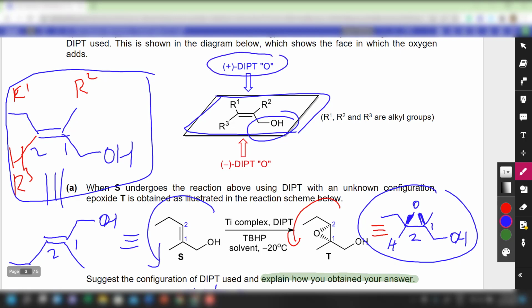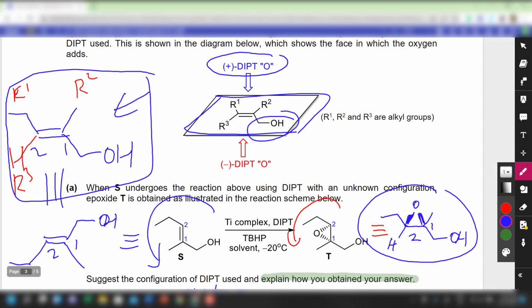So it's as simple as that. Of course, when you explain to the examiner, all you need to do is simply draw this out, identify R1, R2, and R3, and then point out that compound T, if you flip it into the same conformation, has the epoxy oxygen pointing upwards.